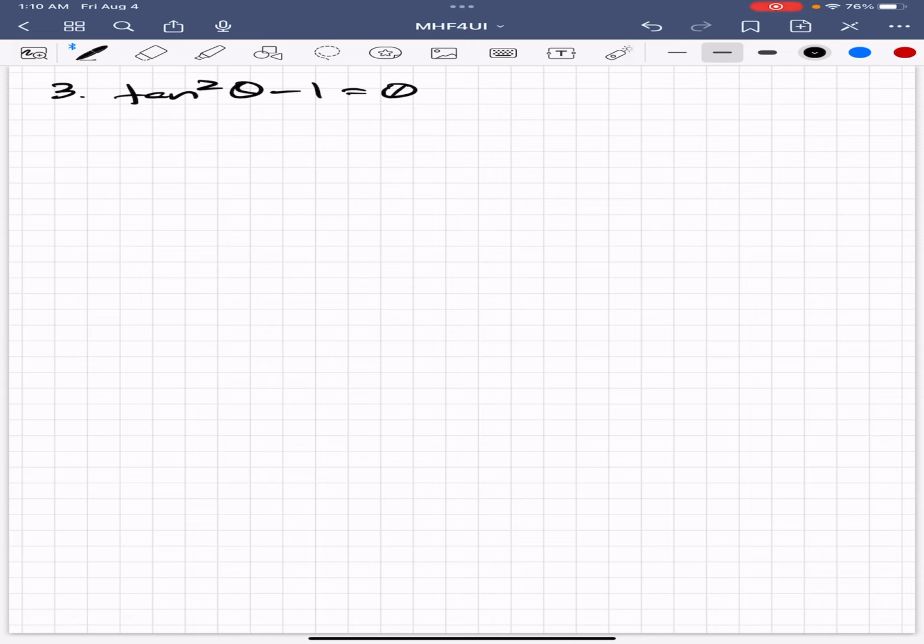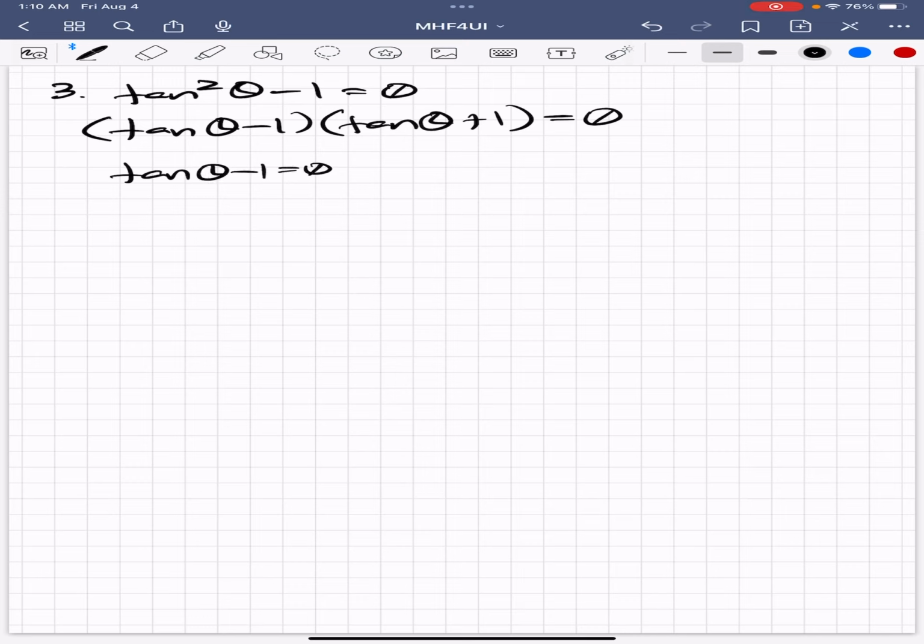So this is a difference of squares. So 1 is actually the exact value for 45, or pi over 4, for the tan exact value using our pi over 4 special triangle.